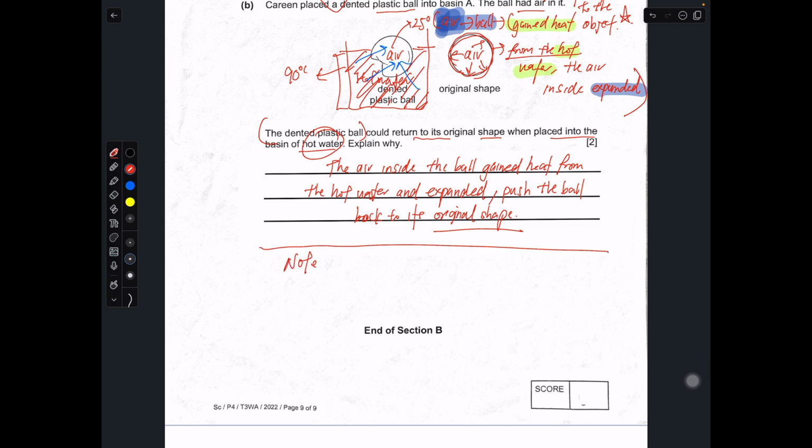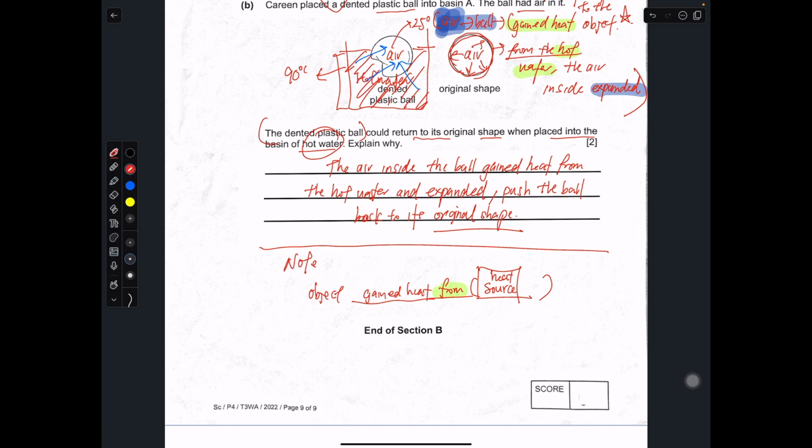Last but not least, there are some notes for you. When you are writing gain heat or lose heat, let's say you have an object, you write gain heat from. You will always want to indicate the source, or rather the heat source itself. The preposition that we will want to use will be gain heat from.